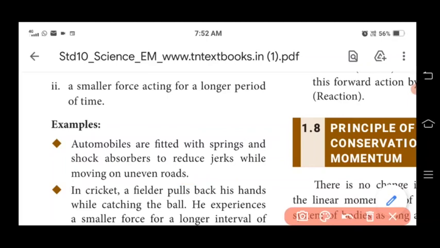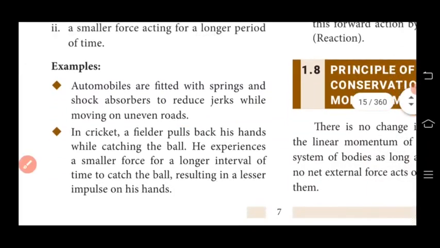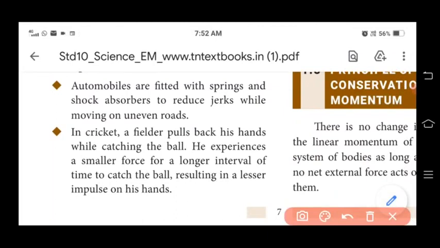And then second one is, in cricket a fielder pulls back his hand while catching the ball, and he experiences a smaller force for a longer interval of time to catch the ball, and this results in lesser impulse on his hands.